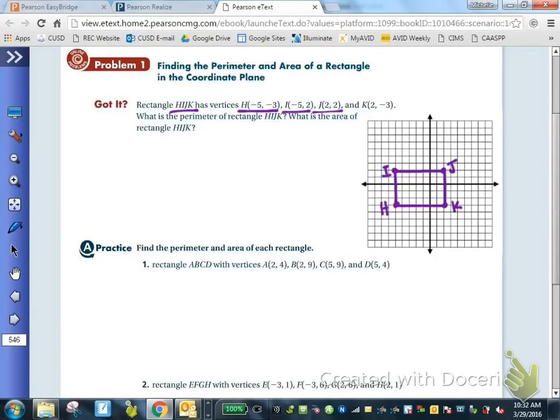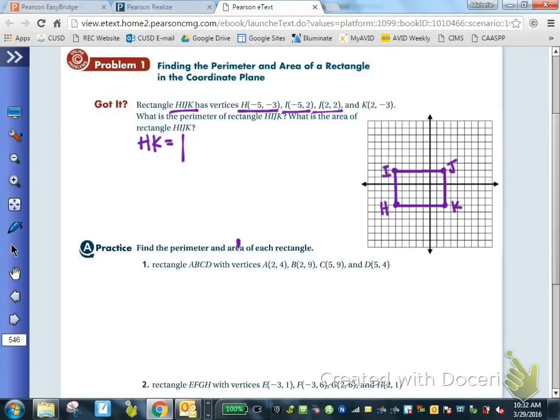So off to the side, we're just going to find the length of HK first. And HK, the y coordinates are the same, correct? But the x coordinates are not. So we're going to find the distance between the x coordinates.